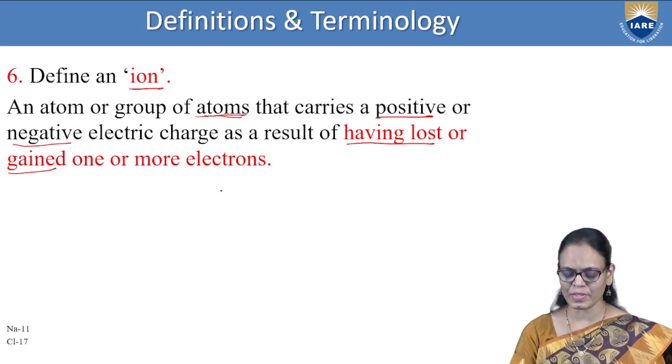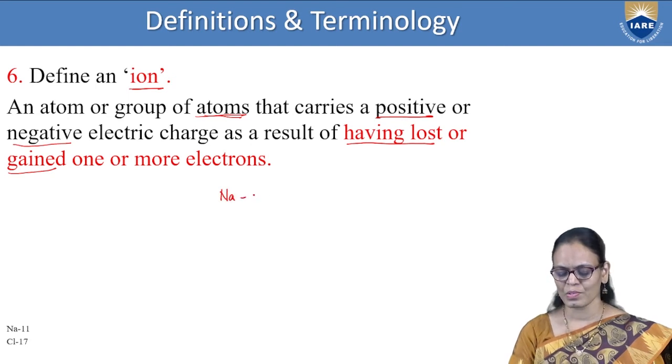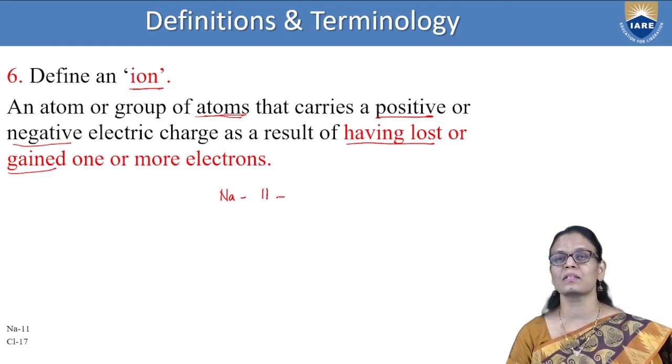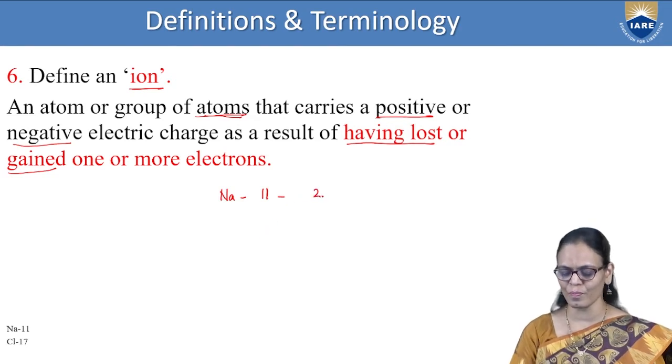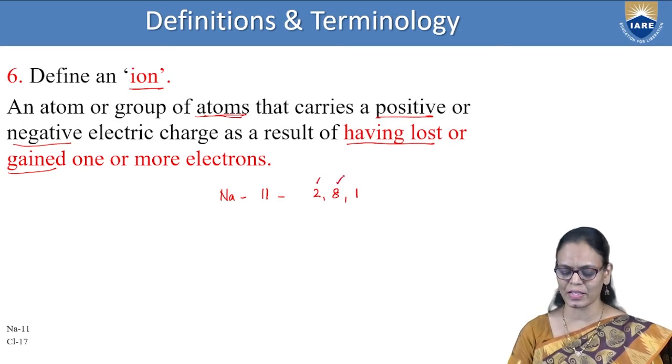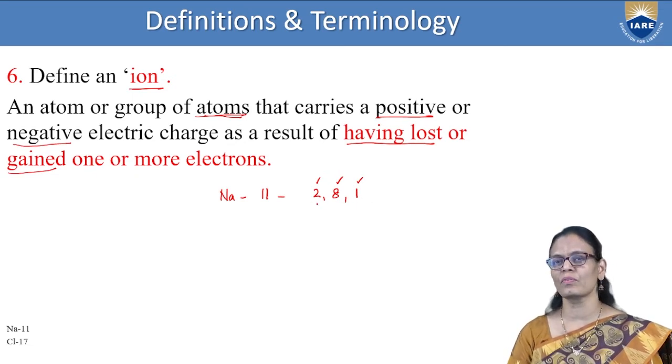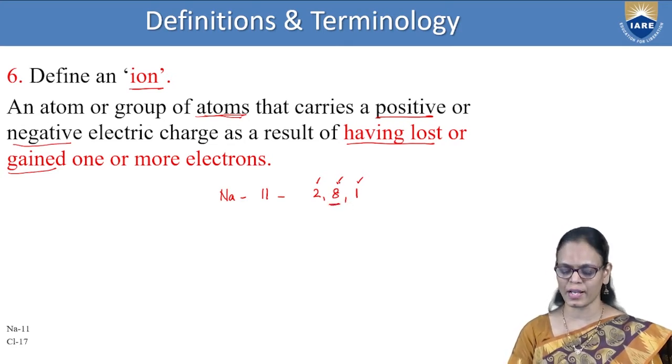So for example, you see sodium. Sodium whose atomic number is 11. So what will be the configuration of it? 2, 8 and 1. 2 electrons in the first orbit, 8 in the second and 1 in the third orbit. So what does this denote? We all know that for stable configuration, the number of electrons in the valence shell has to be 8.